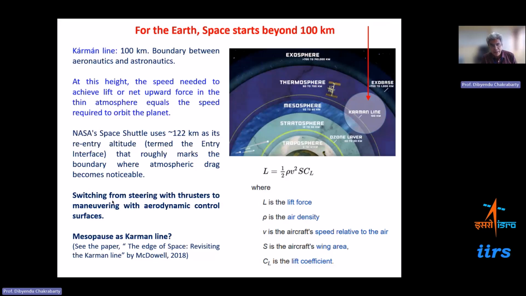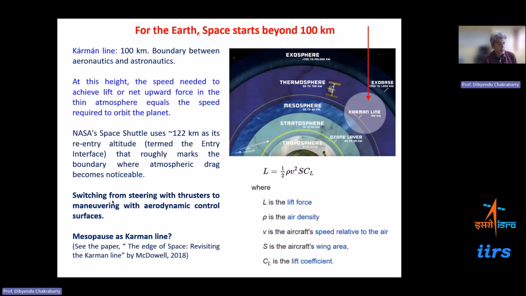Because at this height, the speed needed to achieve lift, or net upward force, in the thin atmosphere becomes very high. As you know, as we go up in altitude, the density goes down, and therefore the atmospheric thrust that a vehicle needs to generate in order to remain afloat becomes very difficult to attain.